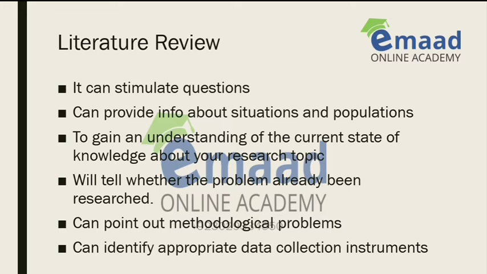So when you want to do any research, first you should collect data for your literature review. You have to compose your literature review. You have to go through all the available material and research papers on your topic, so that you may begin after that and not repeat the same thing.